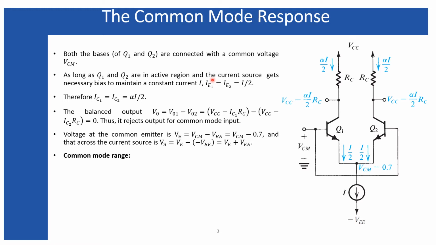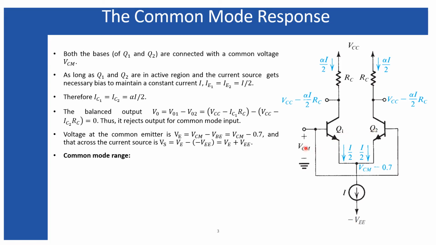Now the common mode range, as I told, should be such that this voltage provides at least the minimum bias to keep this current source active, so that the constant current will be available at the emitter of this differential amplifier. The maximum value of VCM will be such that it should not make these two transistors go into the saturation region.